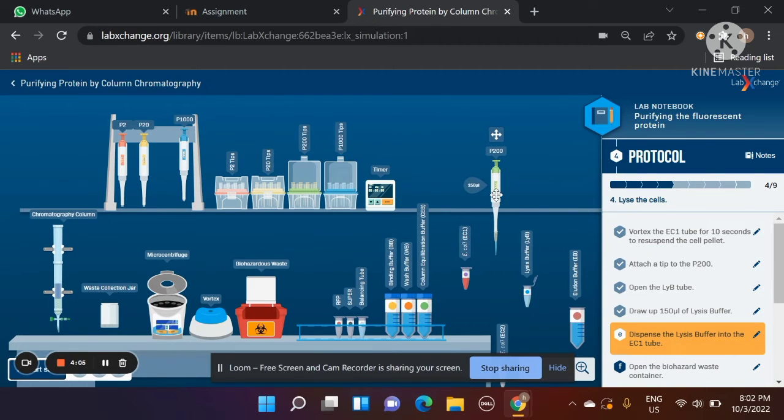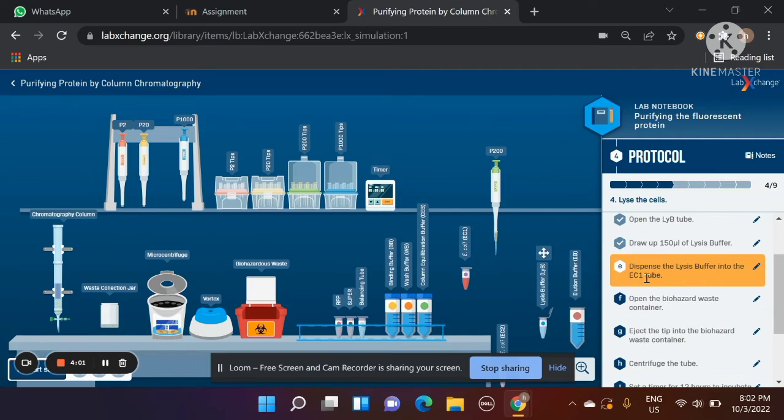So we already got that amount. Then we have to dispense this amount of lysis buffer into the EC1 solution.